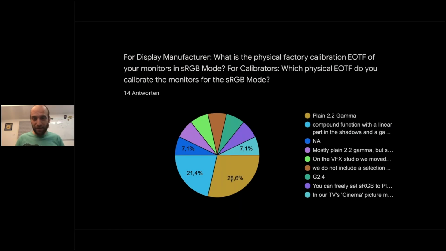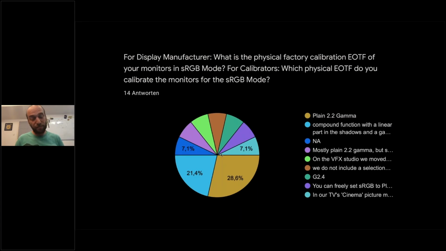30% say a plain 2.2 power law, 21% say a compound function. But then some of those slices go to the plain pure 2.2 power law, mostly plain 2.2 power law. On the visual effects studio side, we move to 2.2. We do not include that wording. We get sRGB in our monitors, where it's either 2.2 or something else.